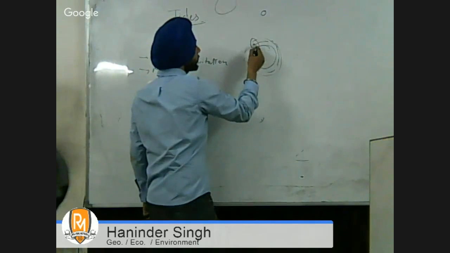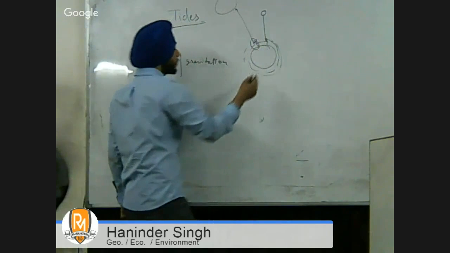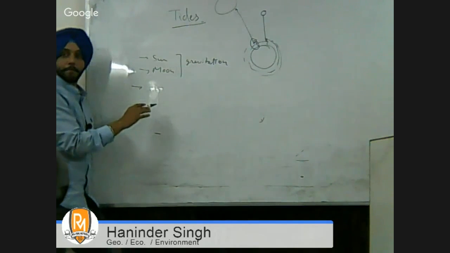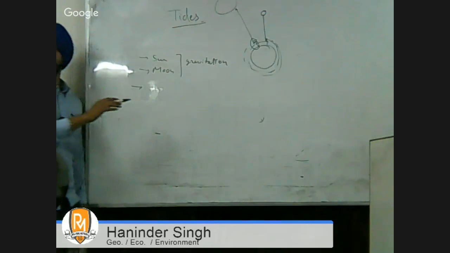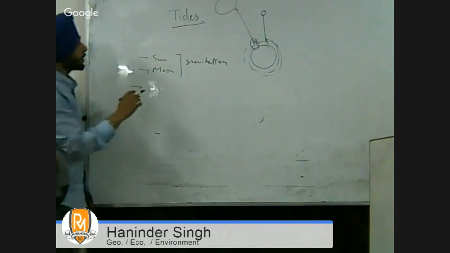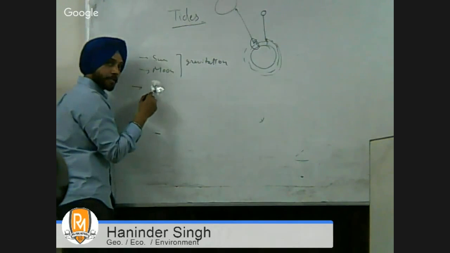Both of them attract water. Okay, water level rises, and that's it. Earth gravity is basically centripetal or centrifugal.